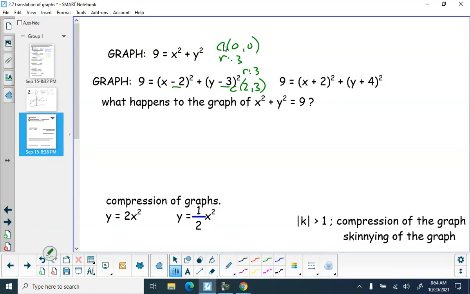So if we take a look at our graph, the first one has center point at 0, 0.